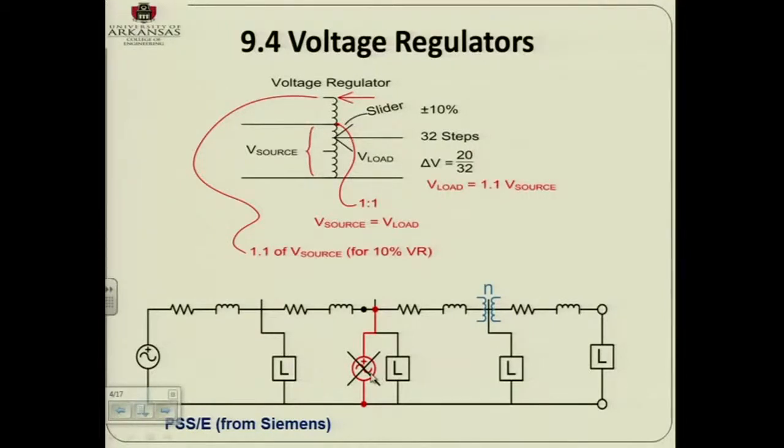What is a voltage source? It's your infinite bus. What is your infinite bus? It's a power source that can give me infinite current, and the voltage stays constant. So if you try to model a voltage regulator using a voltage source, it's wrong. That's the reason why I have a cross here.